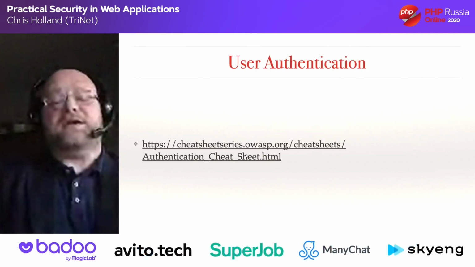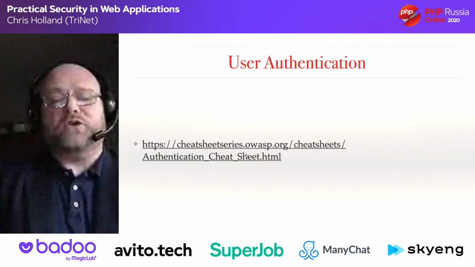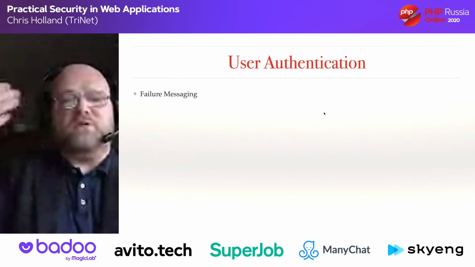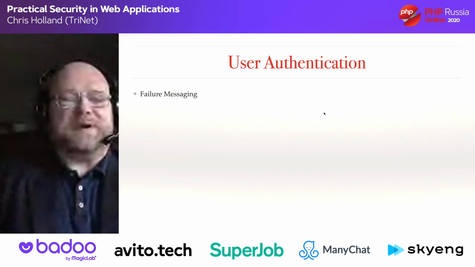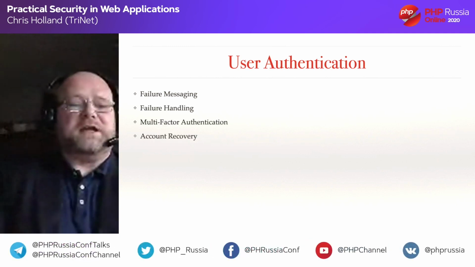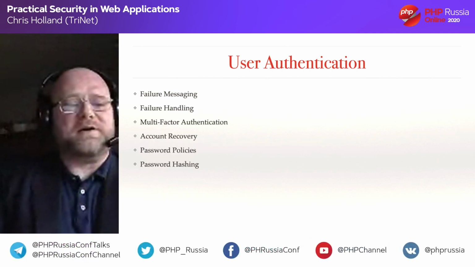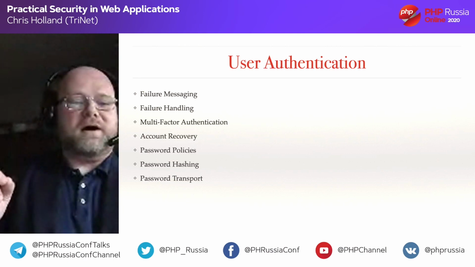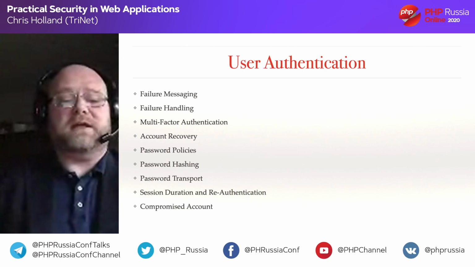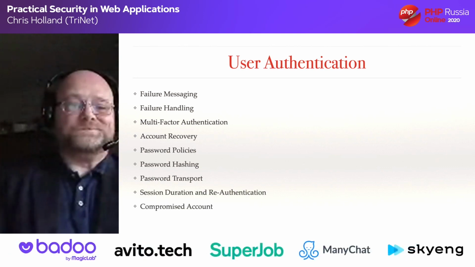I have a link to a cheat sheet here on the OWASP site, so you should definitely read this material. But I'm going to give you a lot of perspectives here. We're going to look at failure messaging, failure handling, multi-factor authentication, account recovery, password policies, password hashing, password transport, session duration, and reauthentication, and then what happens when you have a compromised account.